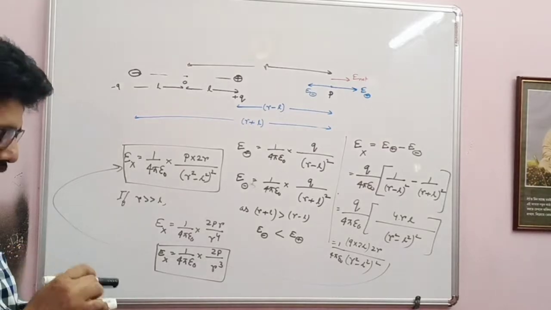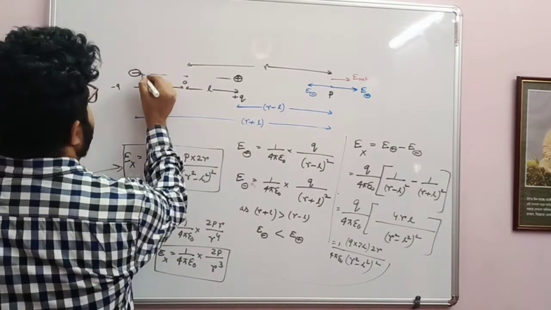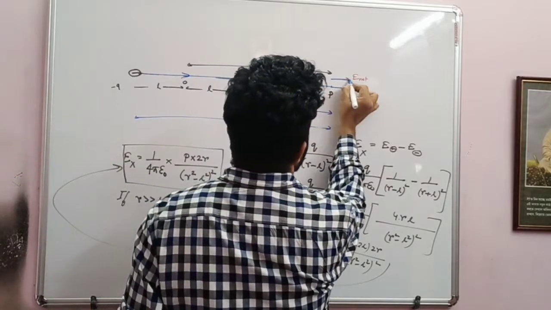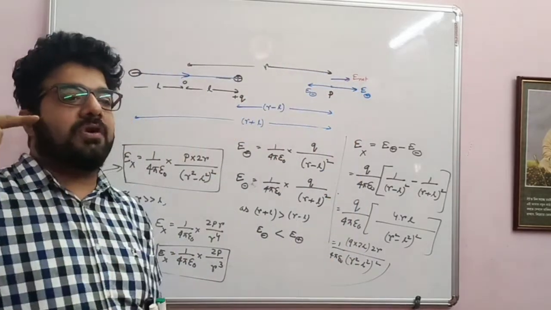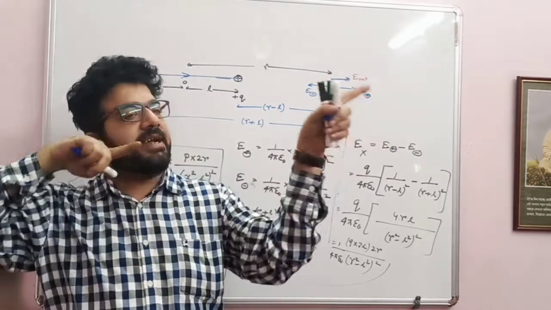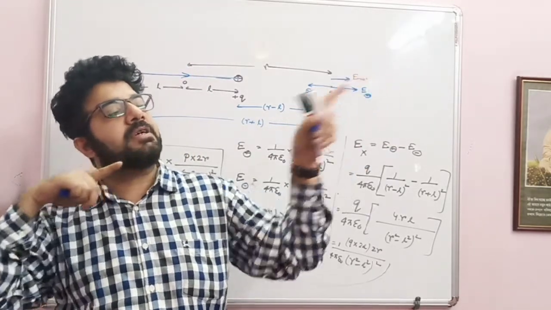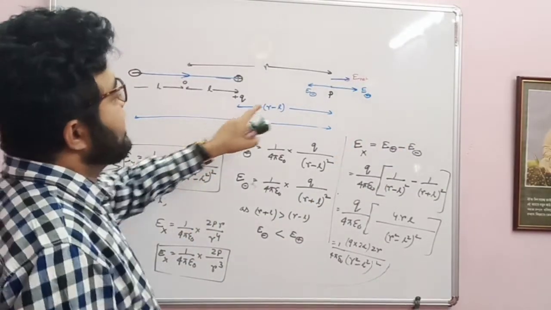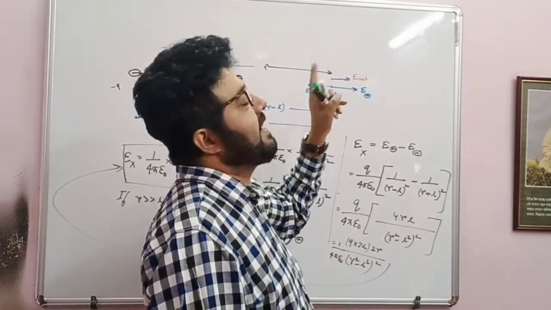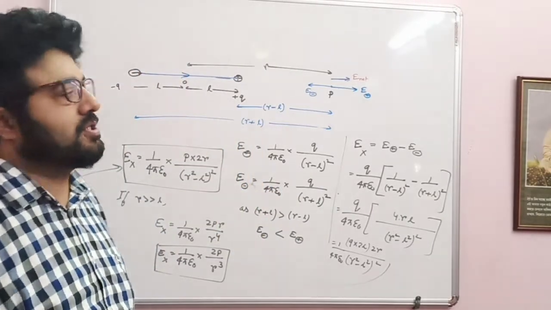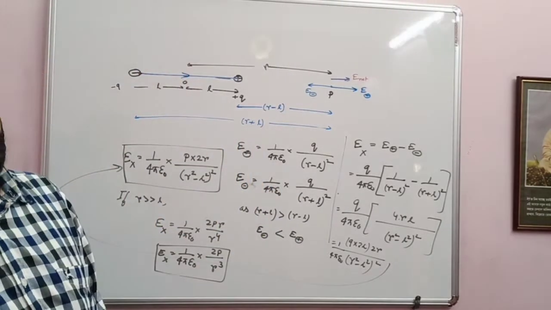Now, the direction of the electric dipole is negative to positive, and the net field direction is in the same direction. So if this one is the dipole, the electric field is in the same direction. The direction of the electric field at the axial position is in the direction of the electric dipole.